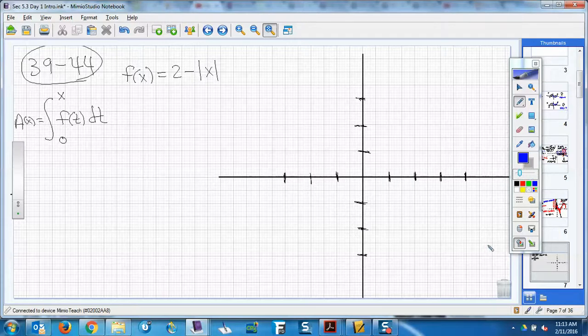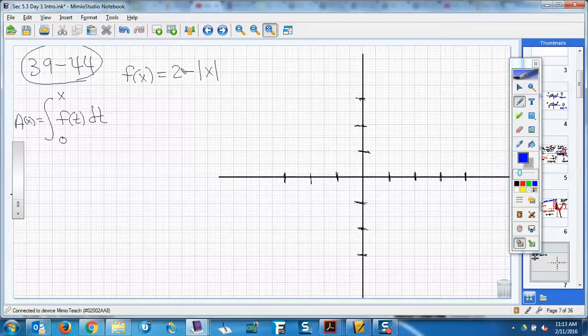I'm not even going to do the first part of it. On 39, it says find a formula for the area function. Now this is absolute value. We're not going to do it. It'd be the same thing with triangles and trapezoids, just like what we were talking about there. We know it's going to come out an antiderivative. Now, the difference is with absolute value, you have to do piecewise because you're going to have two different branches of the V graph, right?